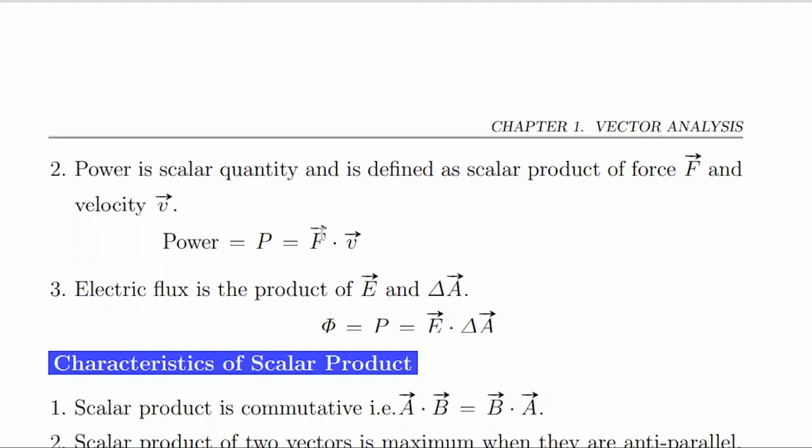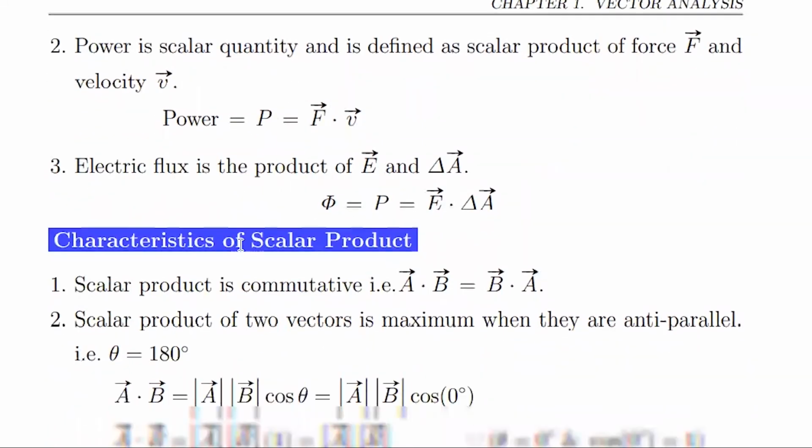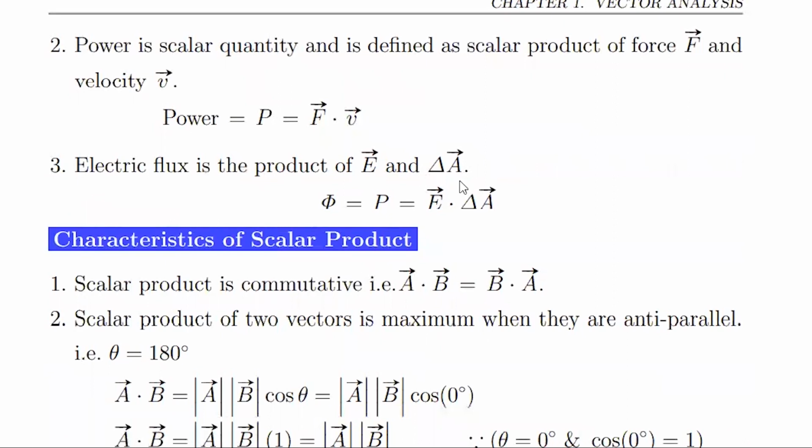It means that the product of these two vectors gives a scalar. That's why we call this scalar product. Similarly, electric flux or magnetic flux: E dot delta A is equal to electric flux, or for magnetic flux we can write B dot delta A. Delta A is a surface area or vector area.